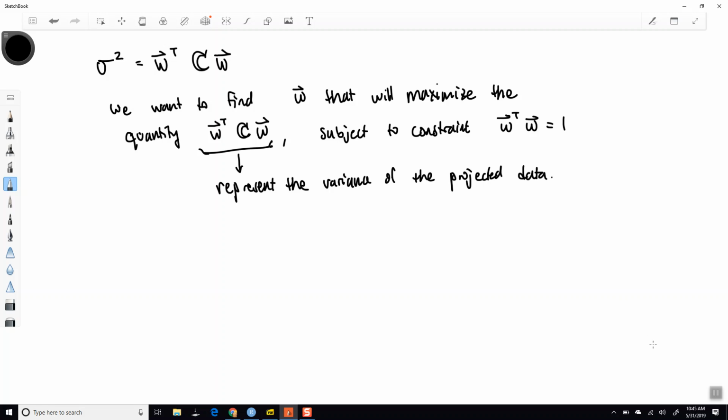Okay, so if we are going to do this, we can use a Lagrange multiplier subject to constraint. So we're going to say L is equal to this times this minus lambda times the constraint. Okay, so we put the constraint in here. And then to maximize, we take the derivative, set it equal to 0.